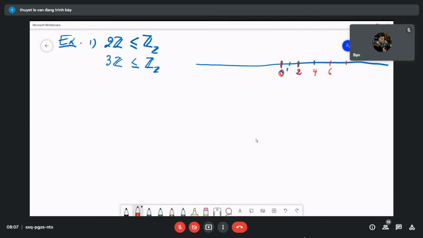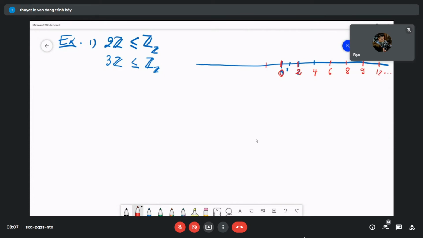That is all of the even numbers, and so on.